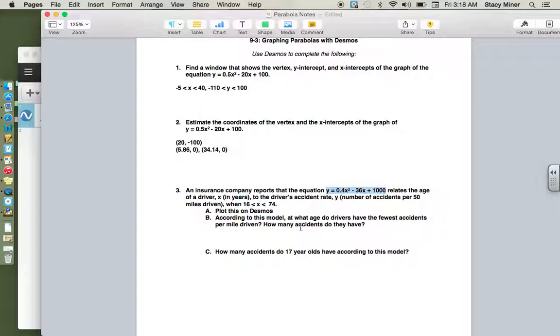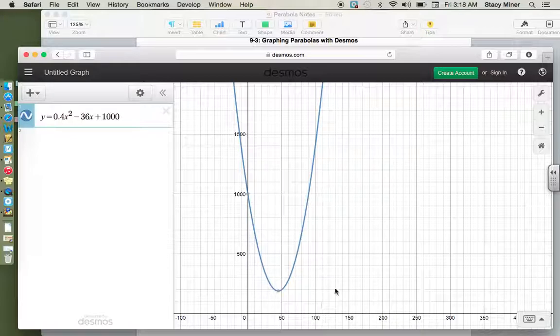So we want when y is the least. So looking at your graph, where is my lowest y value? Okay, where am I the lowest in the vertical direction? At your vertex, right? Okay, and this point is 45, 190.